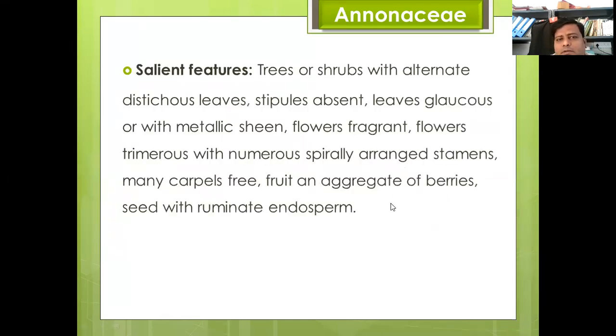What are the salient features of Annonaceae? Annonaceae plants may be trees or shrubs with alternate distichous leaves, stipules absent, leaves glaucous or with metallic shine. Flowers may be fragrant. Flowers are trimerous with numerous spirally arranged stamens, many carpels, free fruits an aggregate or berry, seed with ruminate endosperm.